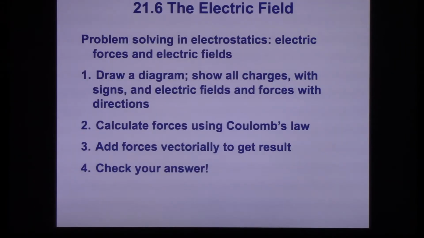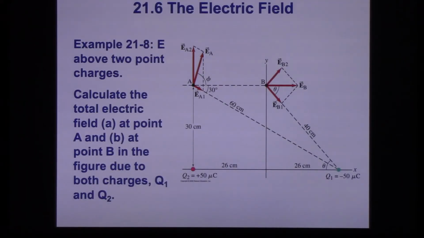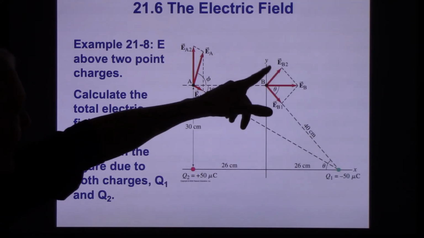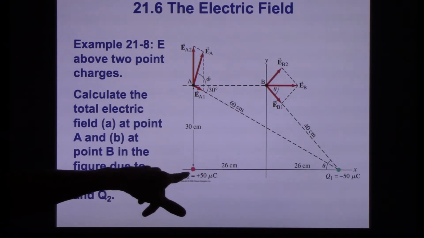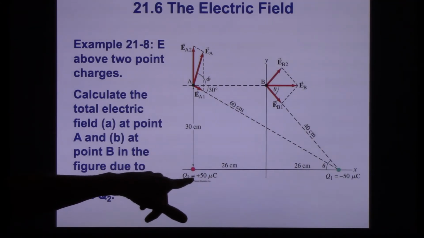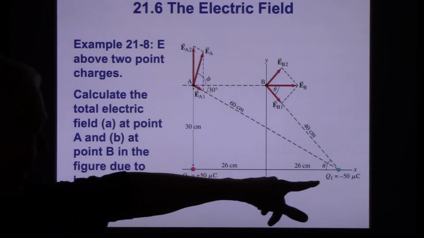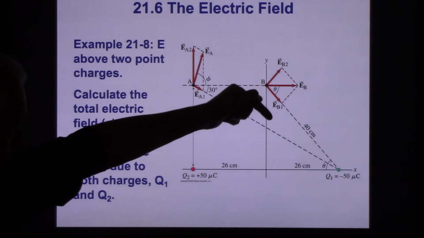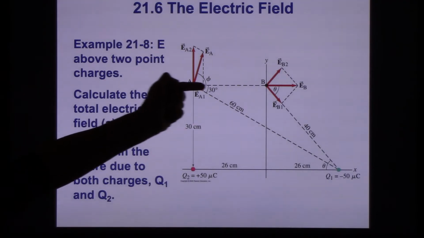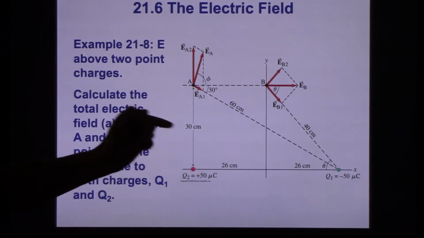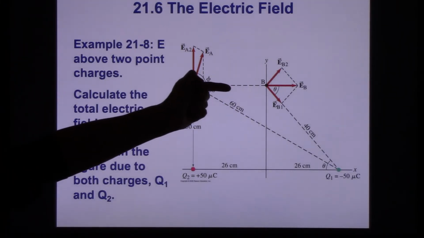Now, I didn't do point B, but let's go back and see how would you guys carry out the calculations for point B. Well, in point B, again, I'm going to have a contribution from charge 1 and a contribution from charge 2. Now, since this is negative and this is positive, I'm going to get the E fields oriented in a way where the net E field is going to line up right along the horizontal direction.